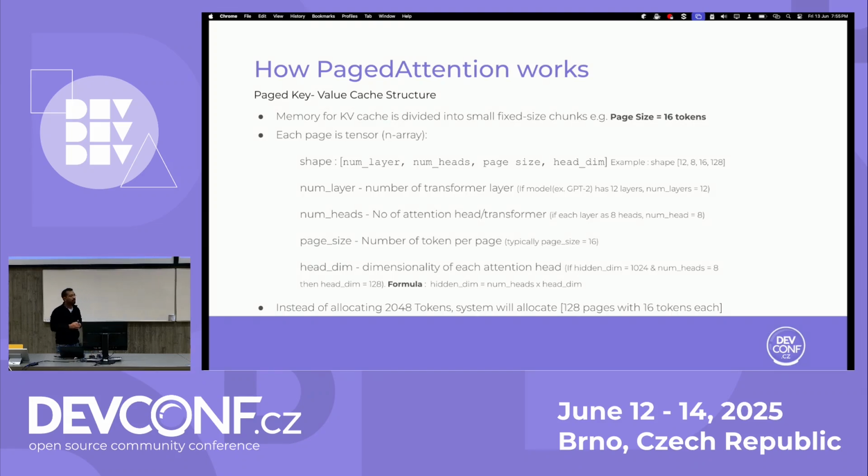In the earlier example, there were 2048 blocks or tokens assigned to the particular request. But here, if we have 2048 tokens, the system will split the request into 128 pages, and each page will have 16 tokens.